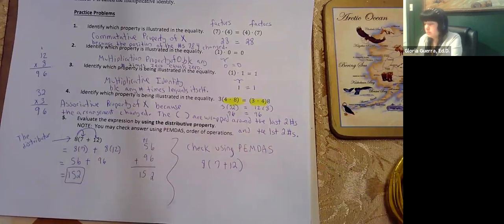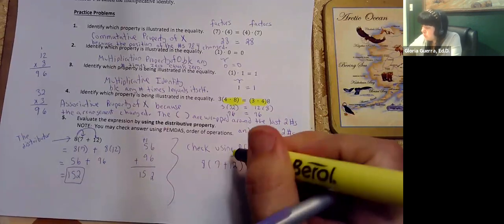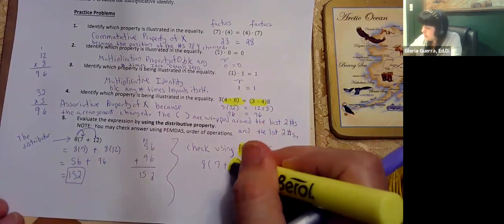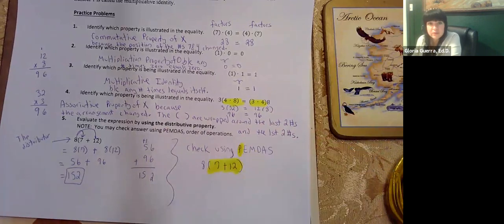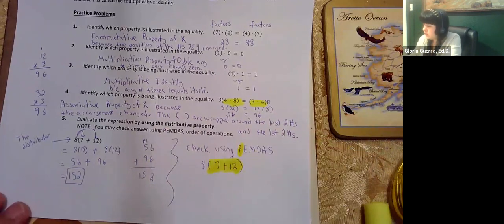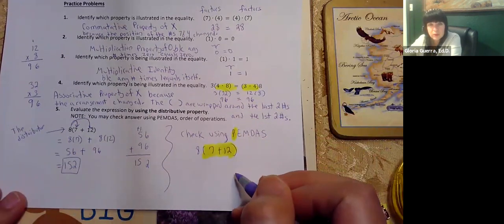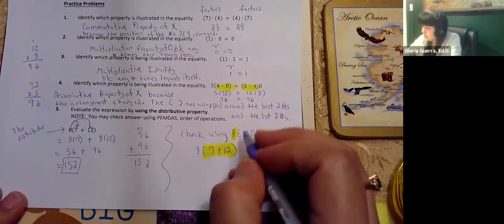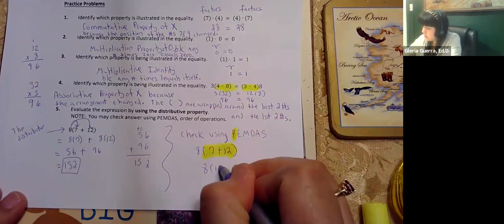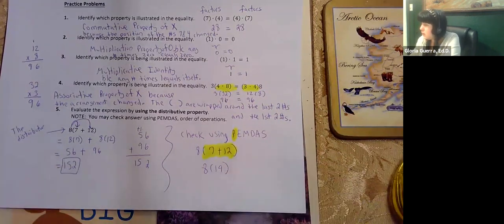And in PEMDAS, the P stands for doing operations inside parentheses. So you want to do 7 plus 12, and that should be 19. So now you've got 8 times 19. And then the E stands for exponents, and we don't have any exponents, so you skip that.